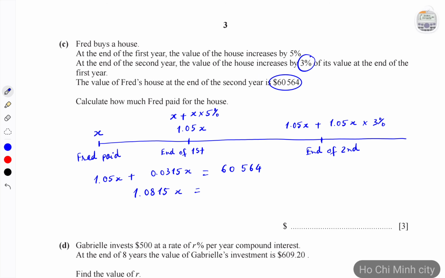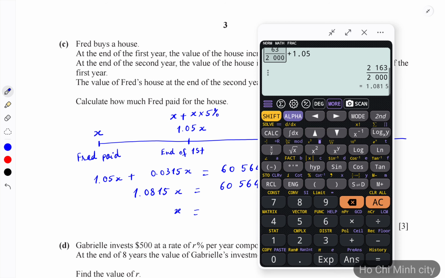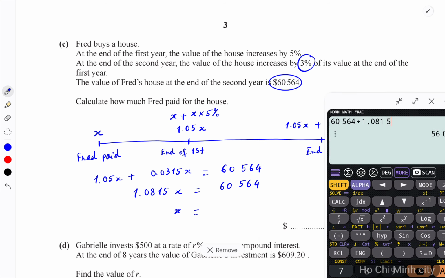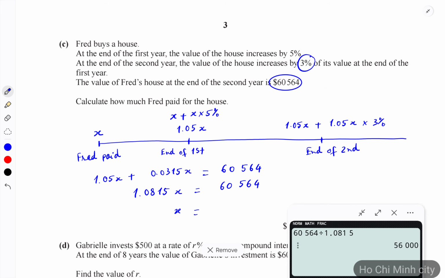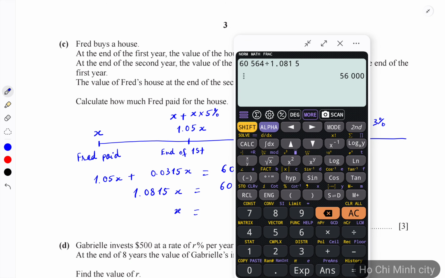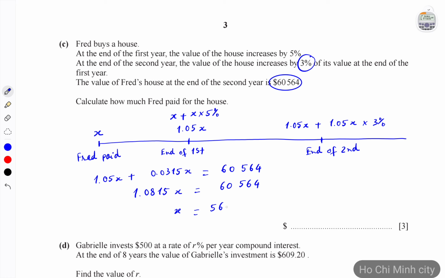So 1.0815x is 60,564, so x is 60,564 divided by 1.0815, which is $56,000. All right.